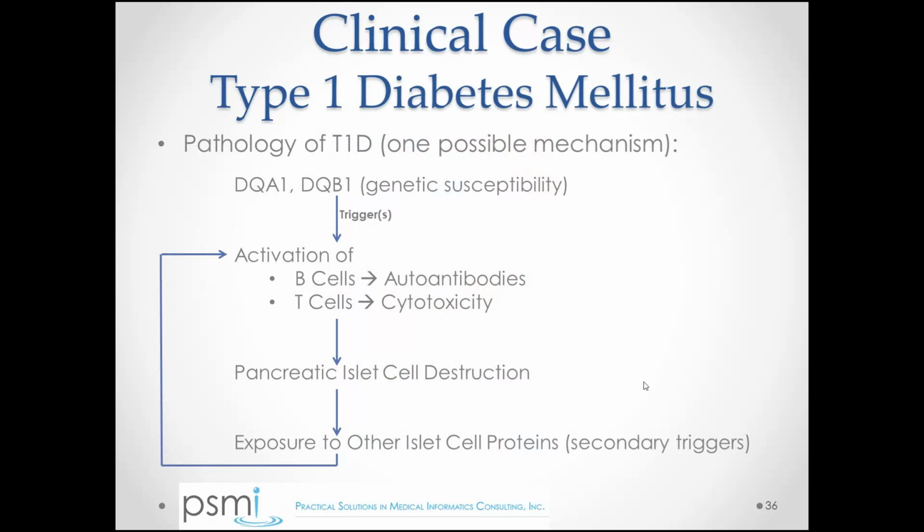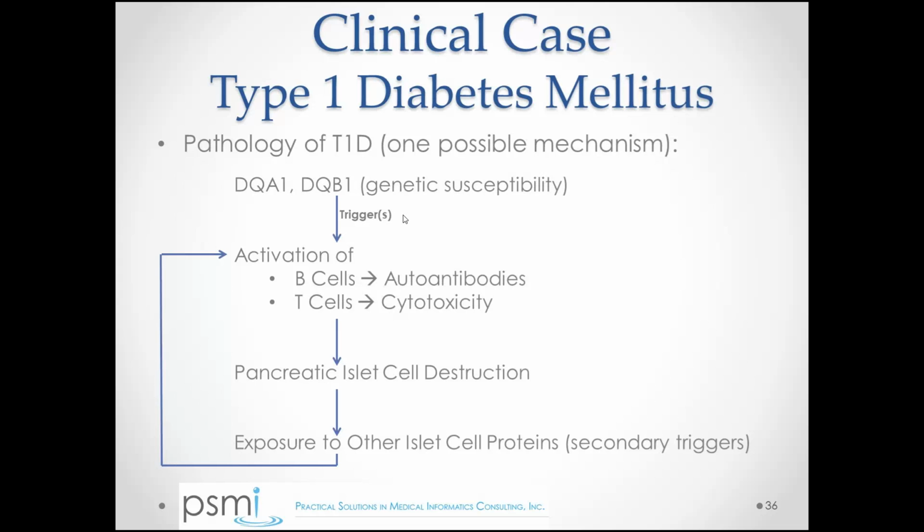And so if we want to summarize at least one possible mechanism of the pathophysiology of type 1 diabetes, which we see here, you begin with the genetic susceptibility. In other words, you have to start off with the right alleles of DQA1 and DQB1, because if you don't have the right alleles, then you're not going to be able to bind to these foreign peptides.